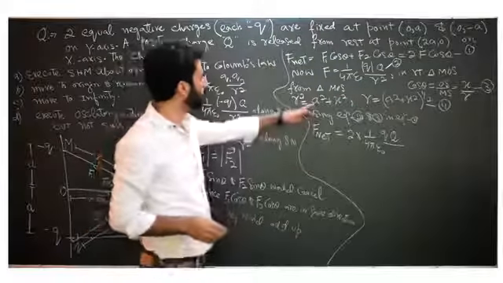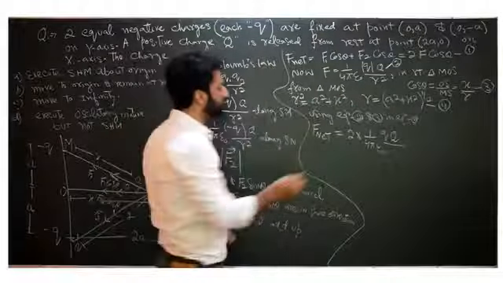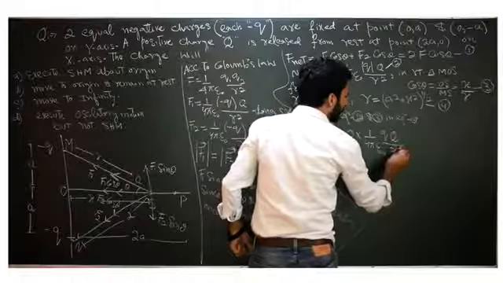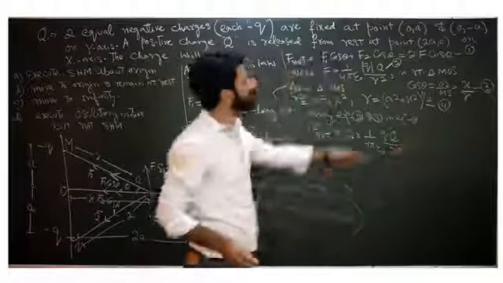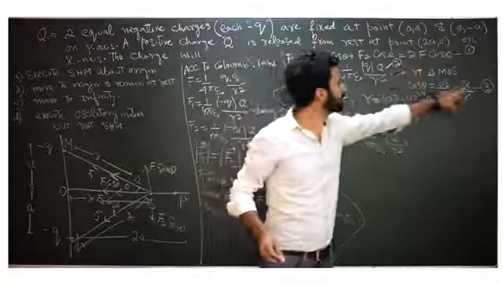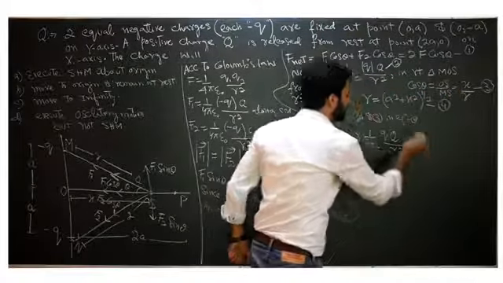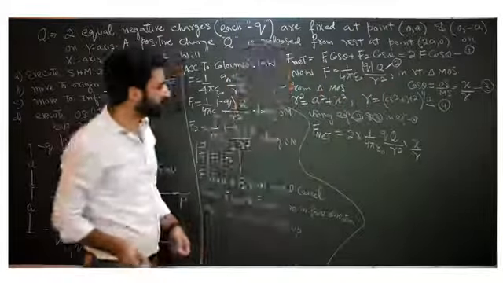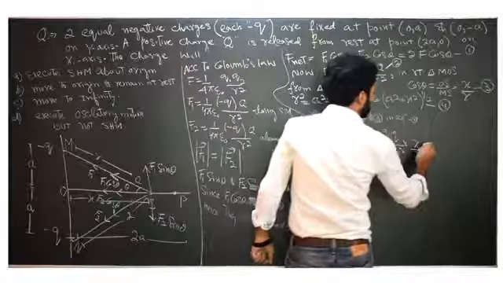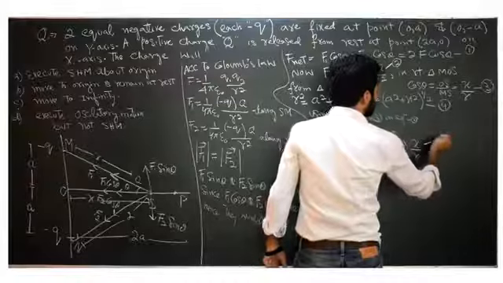For the time let it be R square into cos of theta. Cos of theta is x by R, so it is x divided by R. Let's call this equation 5.